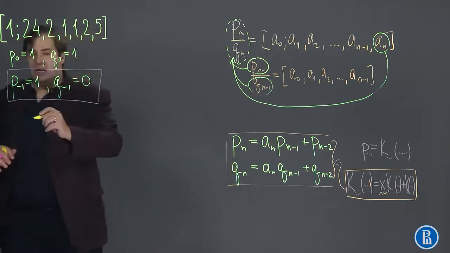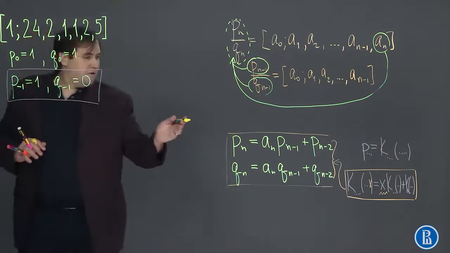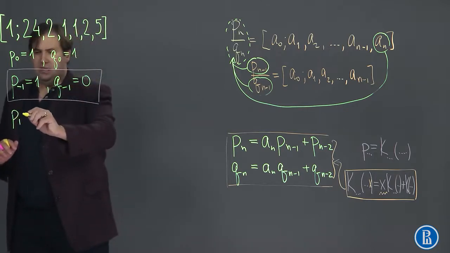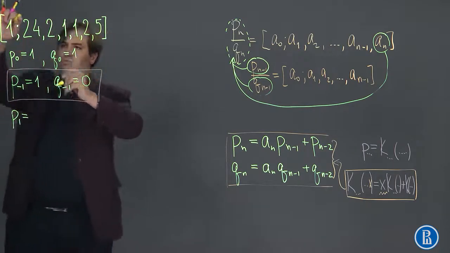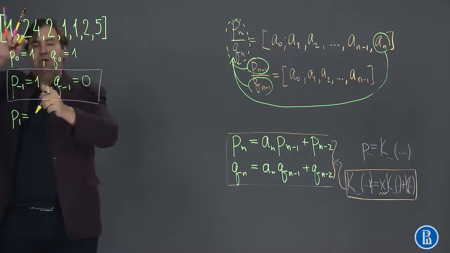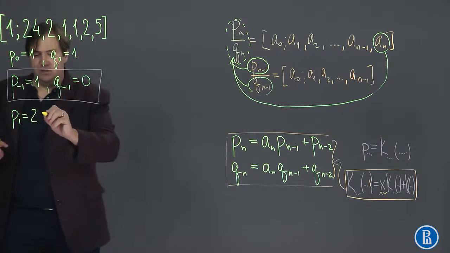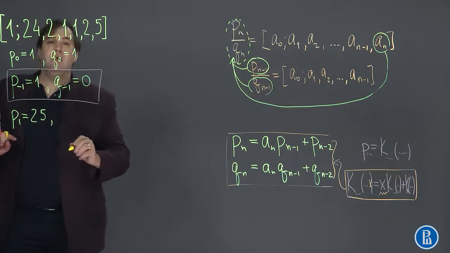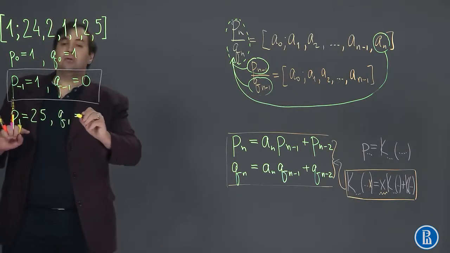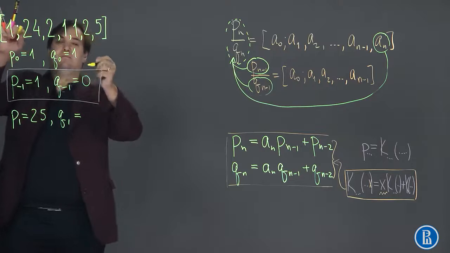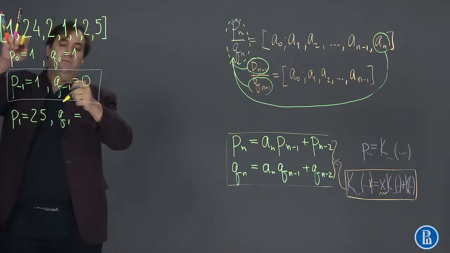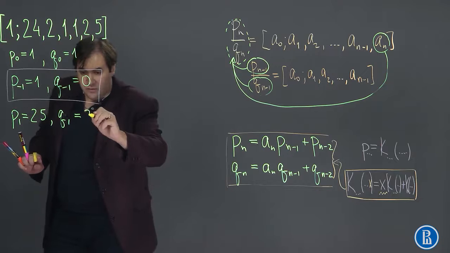Well, let's try. According to the formula, p1 is equal to 1 multiplied by 24 plus 1, which gives us 25. Q1 is equal to 1 multiplied by 24 plus 0, which gives us 24. Okay.